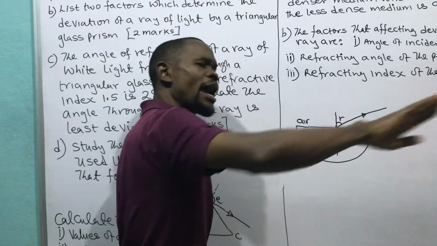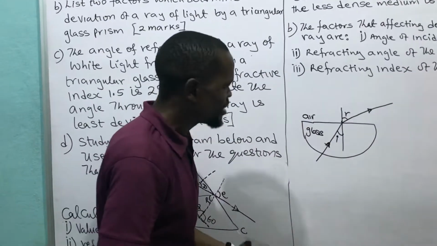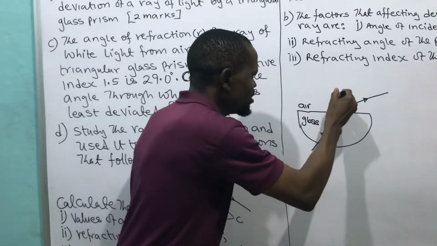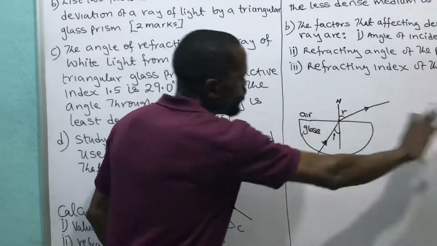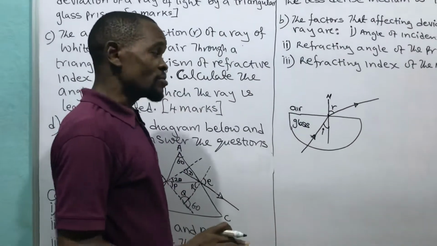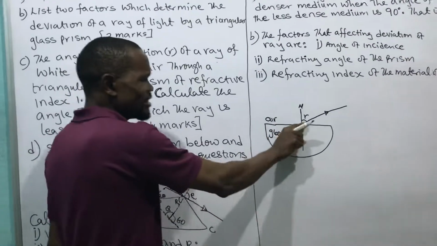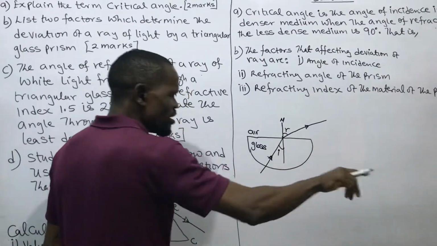It moves more away from the normal. The line I drew is the normal. The more I increase this angle, the more the ray keeps moving away from the normal.